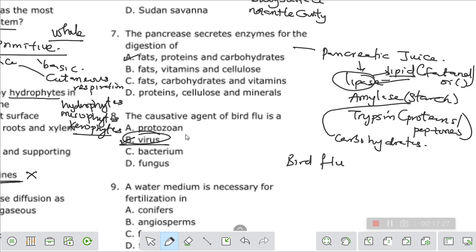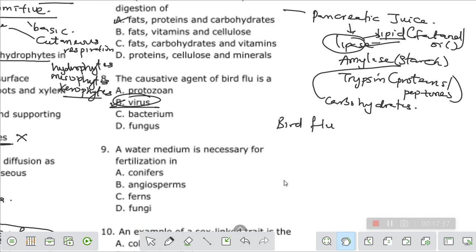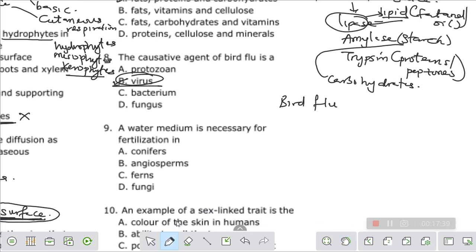Now, for fertilization, there are some conditions you need. Fertilization in what? Water is necessary. You have some type of plants that we call the pteridophyta, and I explained this to you when I was teaching you the classification of plants and animals. So this pteridophyta, an example of the organism we have is fern.